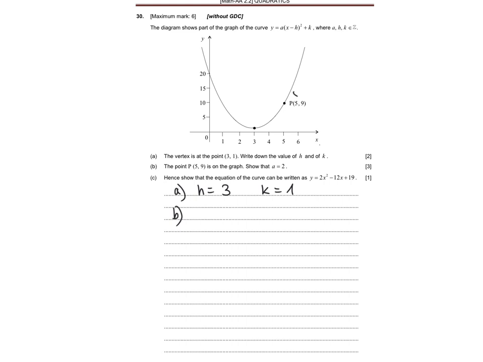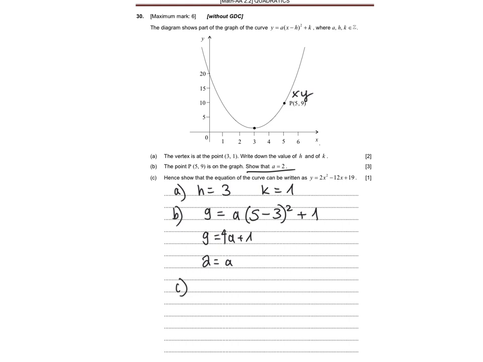So that's going to be our X, Y, and we've got H and K. So we're going to have 9 equals A, show that A is 2. X is 5 minus H, which is 3, squared, plus K, which is 1. So A, that's 2 squared, 4, plus 1. Subtracting 1, dividing by 4, A is 2.